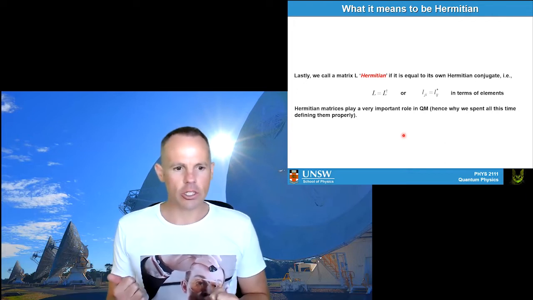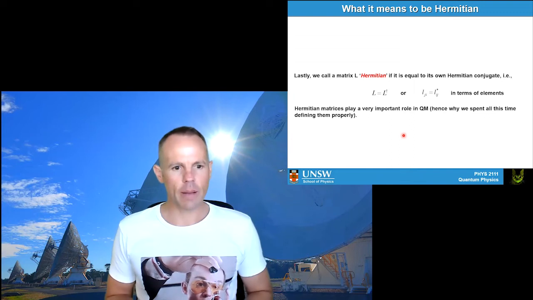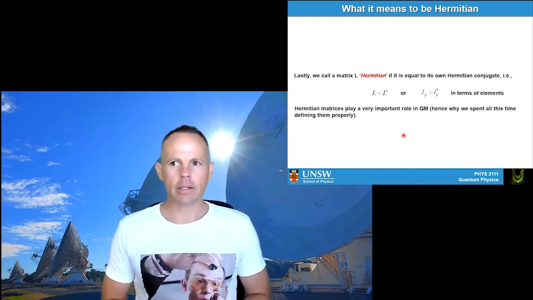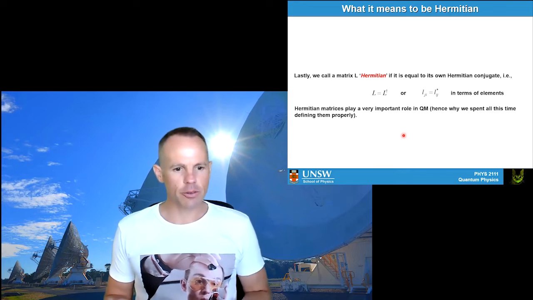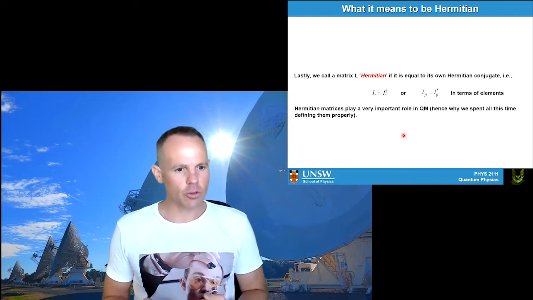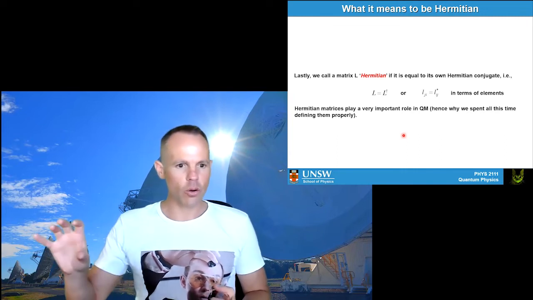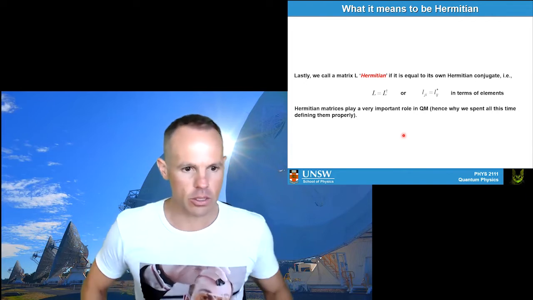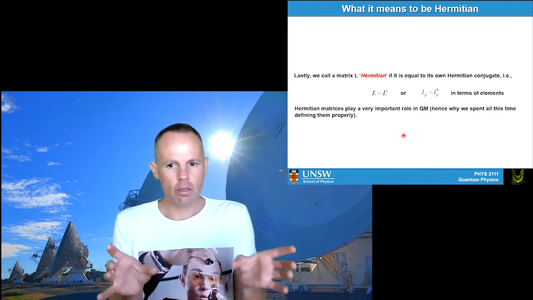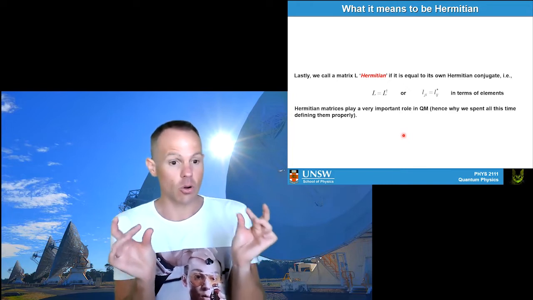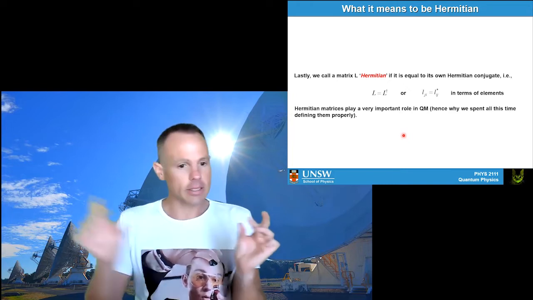And another question is, do we absolutely need Hermitian matrices? For most of quantum mechanics, yes. But just to give you some perspective of the broader, bigger picture, there's a whole class of research that goes into non-Hermitian quantum mechanics: how do you make theories for quantum mechanics where this rule of L equals L dagger does not hold, and is that useful for things?